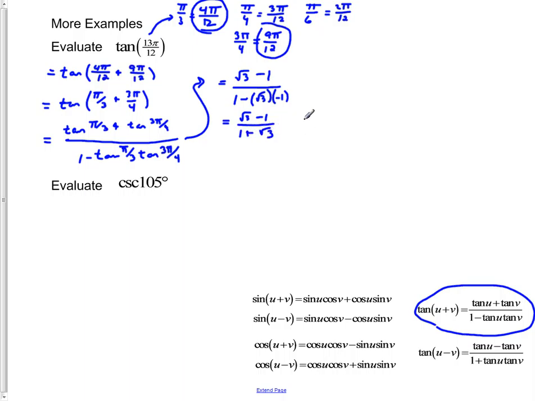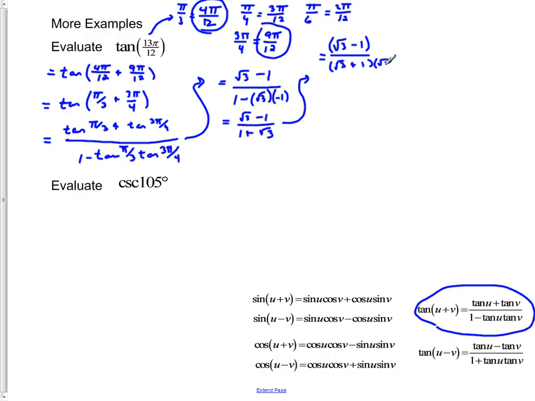Now this might be where you want to remember how we rationalize the denominator where we have a sum or difference of radicals. The answer is to multiply by the conjugate of the denominator. What does that give us? Well, let's see. Square root of 3 minus 1 divided by the square root of 3 plus 1. I'm just going to change the order here.